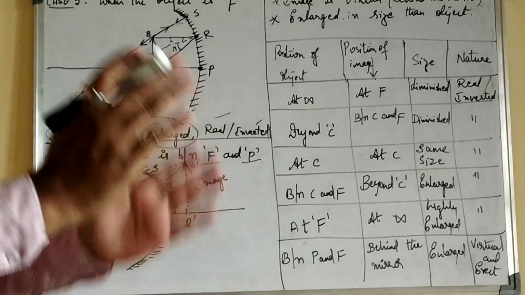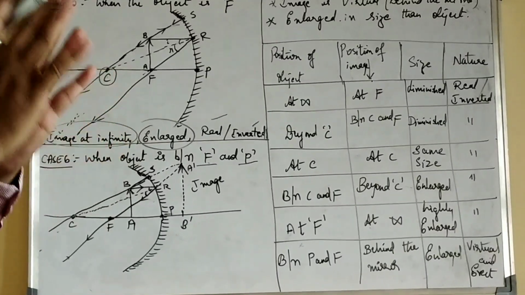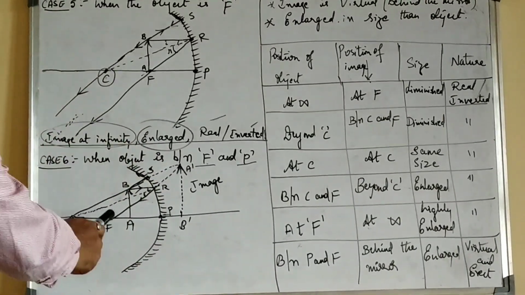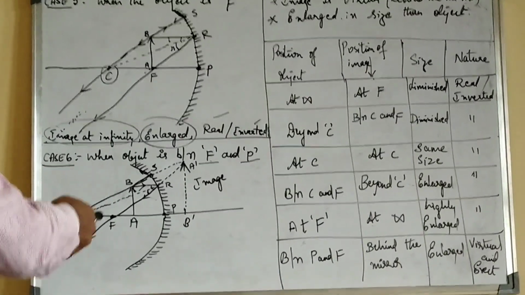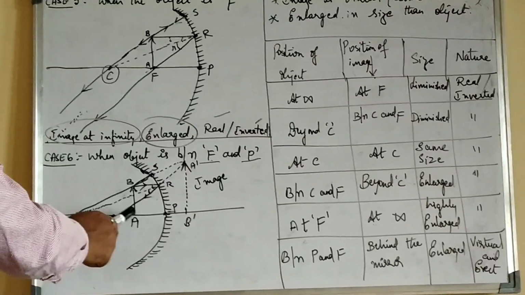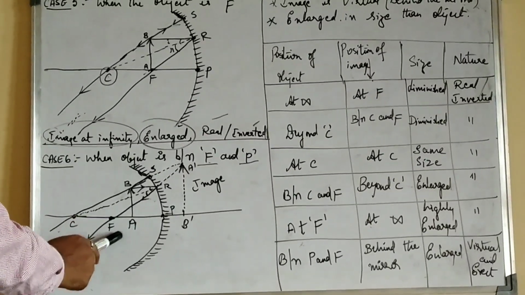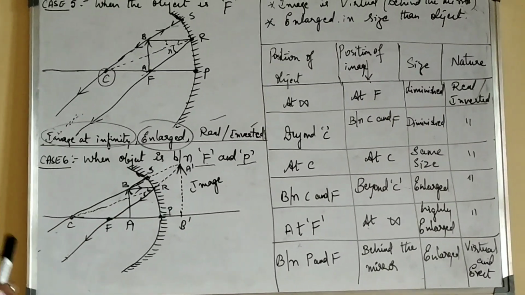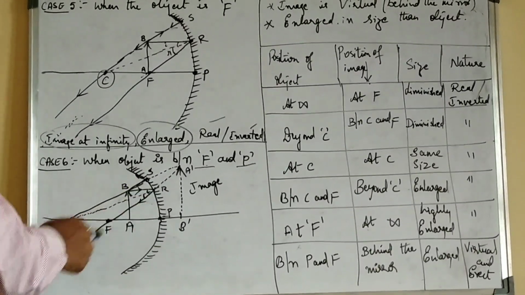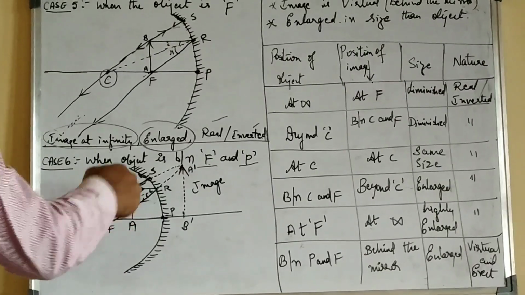Because if you want to get a clear image, whether it is real, meaning a real and inverted image, either the object should be on the focus or beyond the focus, right? But when the object is placed between the principal focus and the pole of the mirror, you can see here the reflected rays which are traveling along the principal focus appear to be diverging.